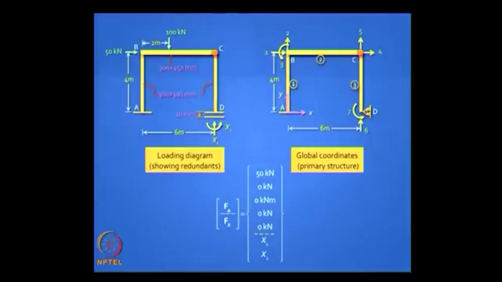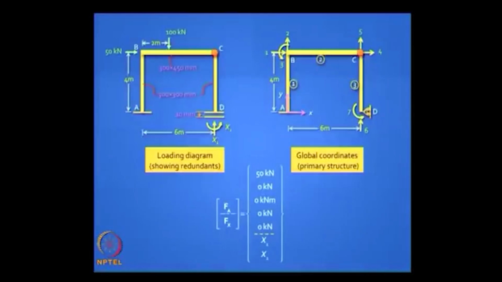If you write the force vector, we separate Fa and Fx. Fa is the load applied, 50 kilonewton because there is a horizontal load at B. Rest of the quantities are 0 and you have x1 and x2, which are unknown. Any question?